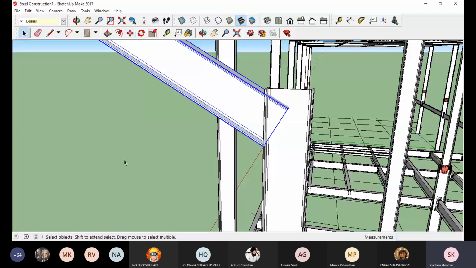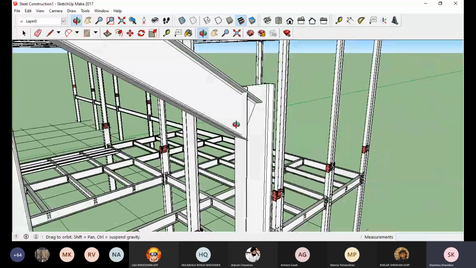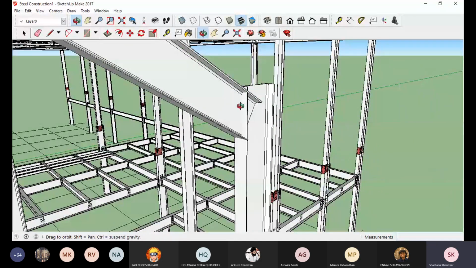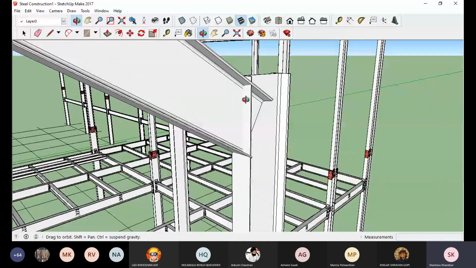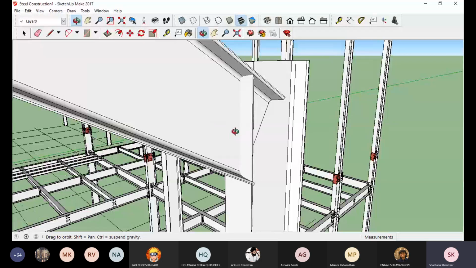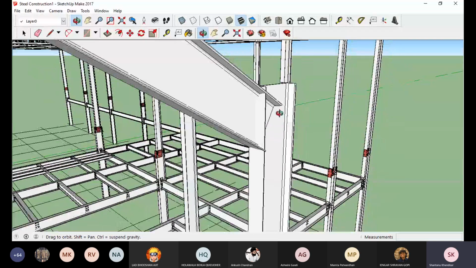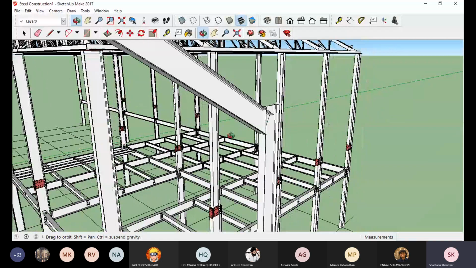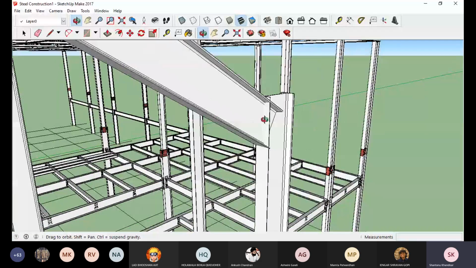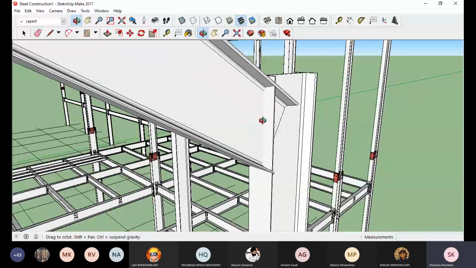If you ignore this part of the section over here, then it would get cut like this along this line, and then it would get connected to this. Here you would have the cleat on this point, so you can take the cleat and place it along this point where the two angles are. So here you can see it's a proper 90-degree connection, so that is not a problem. You can connect this web with this flange using a cleat.